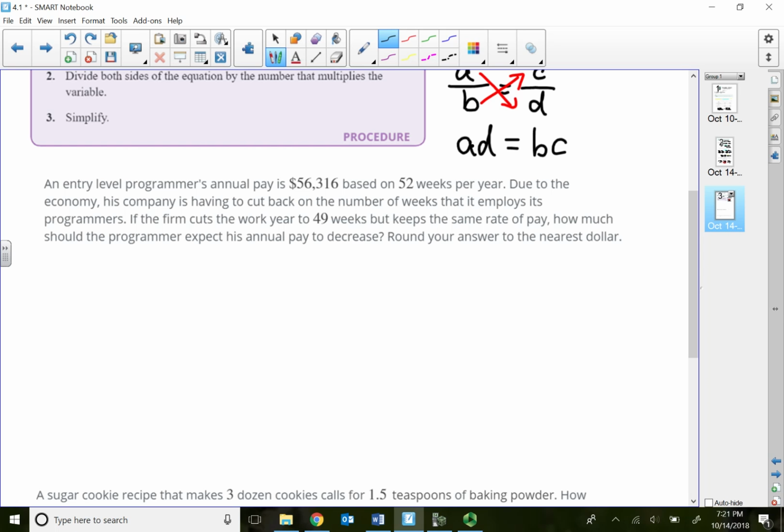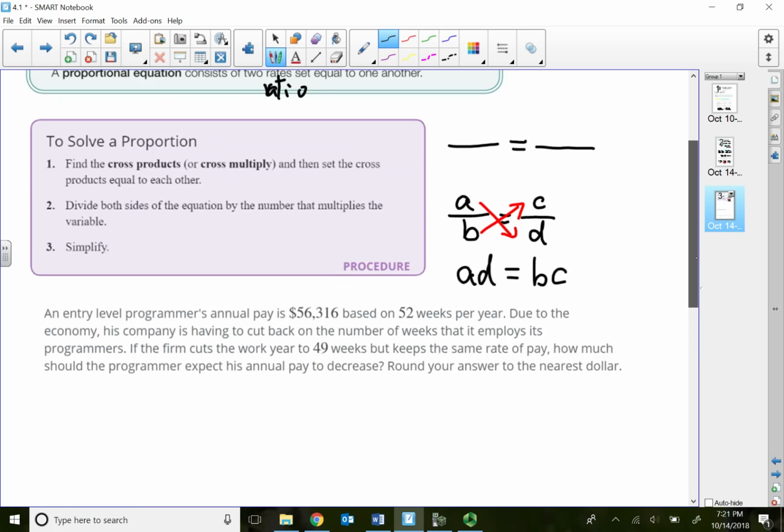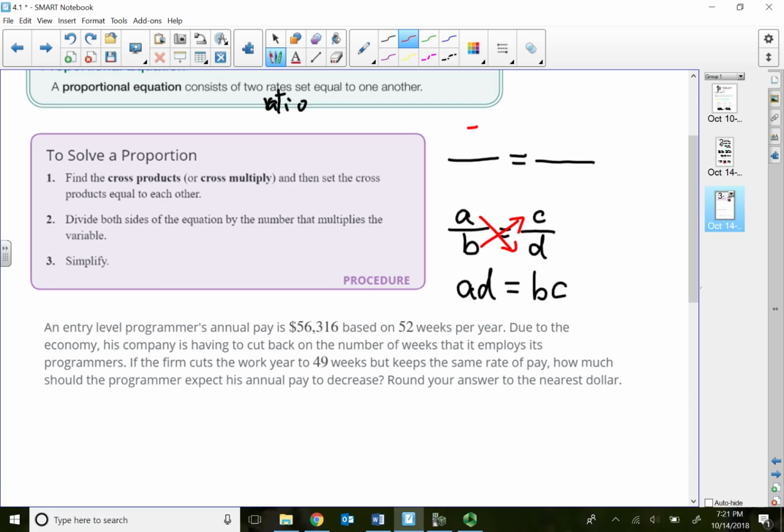Normally when we set up proportion word problems, we put the numbers with the same meaning or the same unit top to top, and the other two numbers with the same meaning and unit bottom to bottom, side by side.